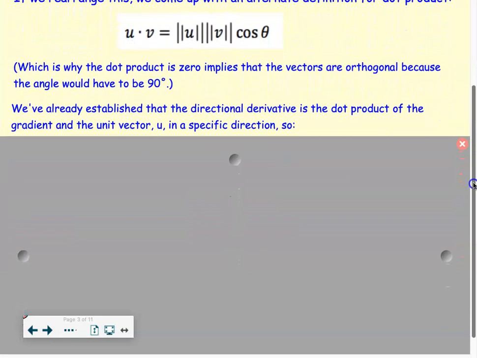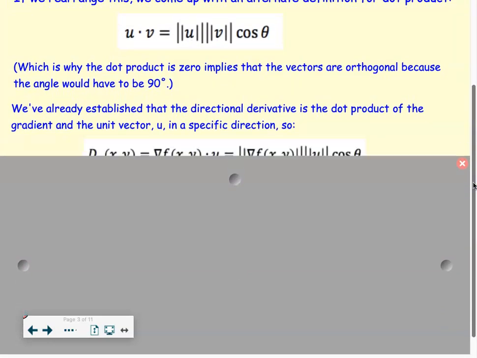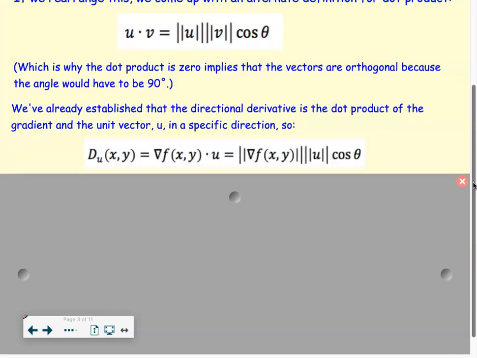Let's raise this up a little bit. So if the directional derivative is the dot product of the gradient and u, which is this unit vector in whatever direction we're interested in, well, if we rewrite this in dot product form as the magnitude of the gradient times the magnitude of the unit vector times the cosine of the angle between them, we get this formula. Except, what's the magnitude of the unit vector?